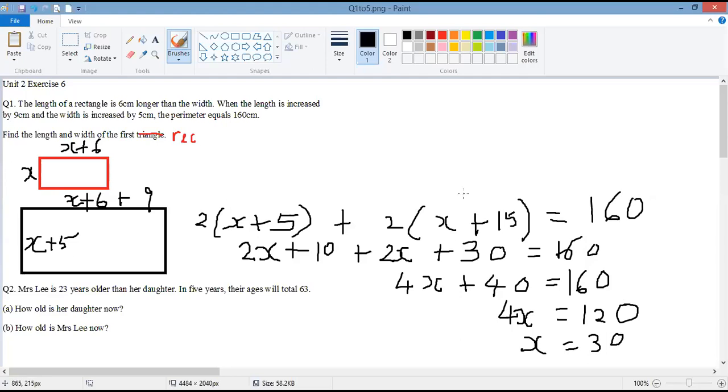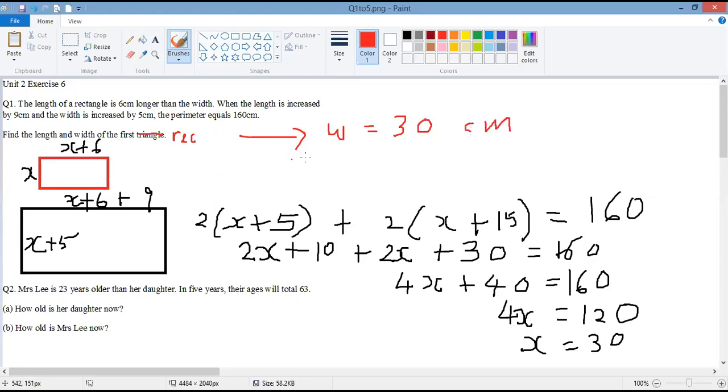So since you found your x equals to 30, the width of the first rectangle is 30. So your answer here will be width equals to 30. Remember, put your unit cm.